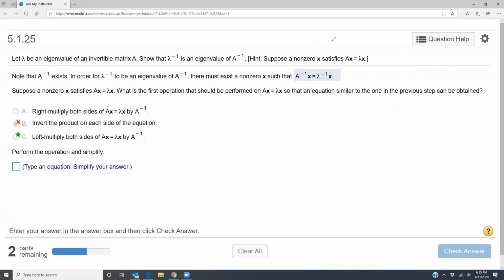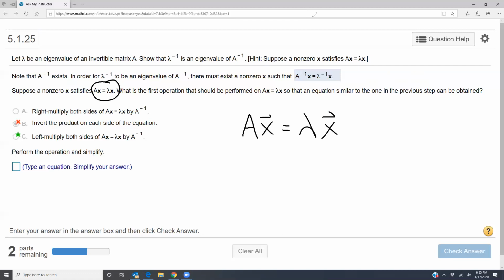Okay, so a couple things to note. One is that we're starting out with Ax equals lambda x. That's what they tell us. If we want to get something similar to above, then we're going to multiply both sides of Ax equals lambda x by A inverse.